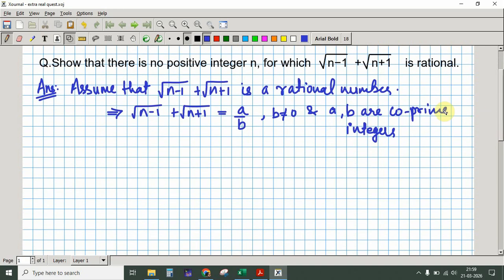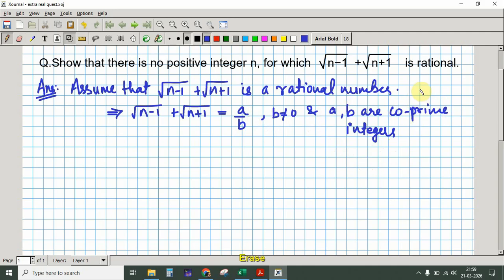Observe that whenever we talk about coprime integers, those two integers must be non-zero. So this word itself guarantees that a is not equal to 0 and b is not equal to 0. b is in the denominator, that's why I have written this.